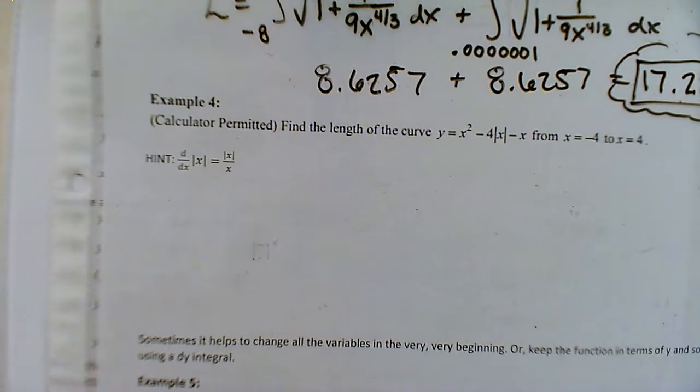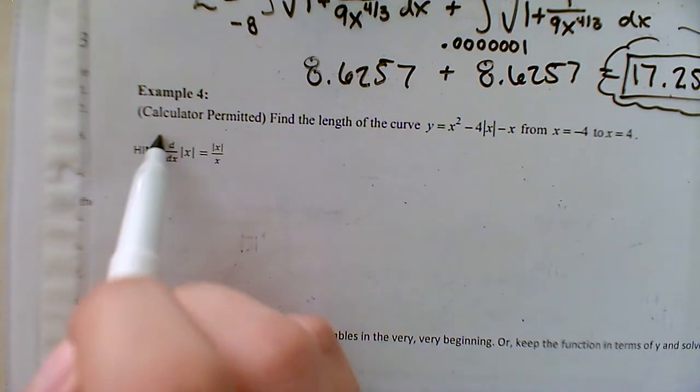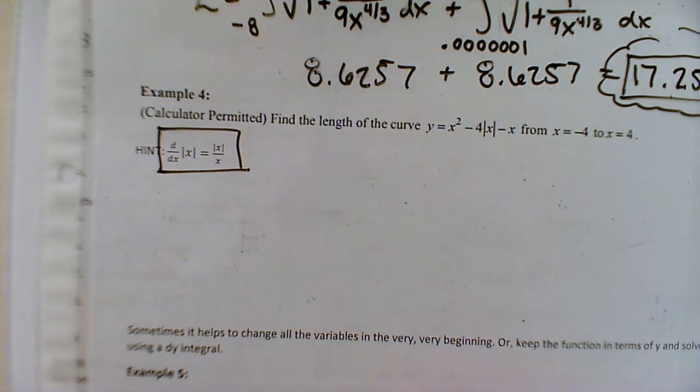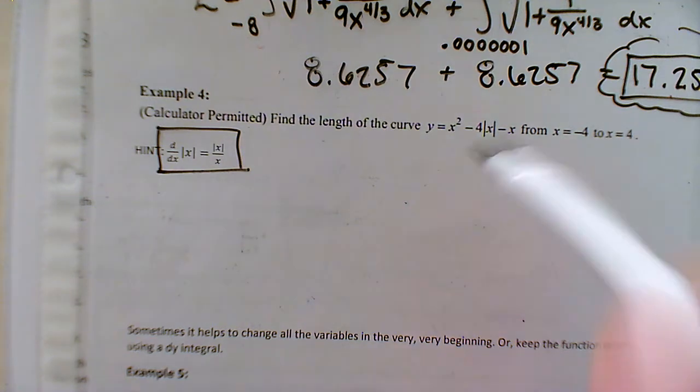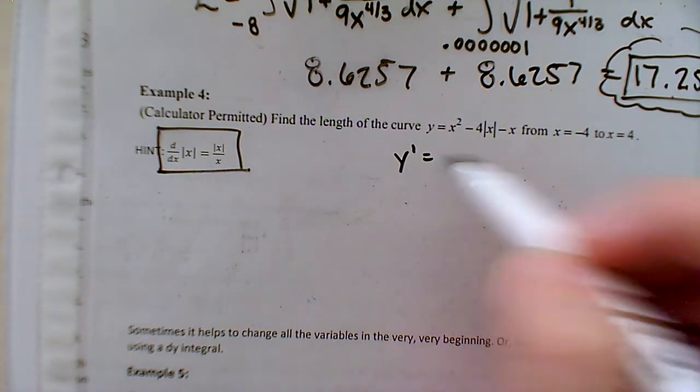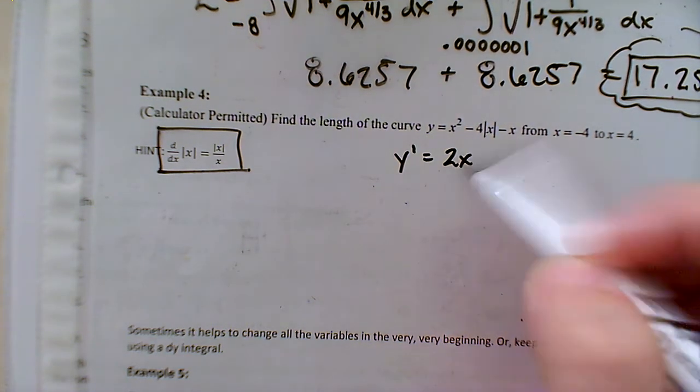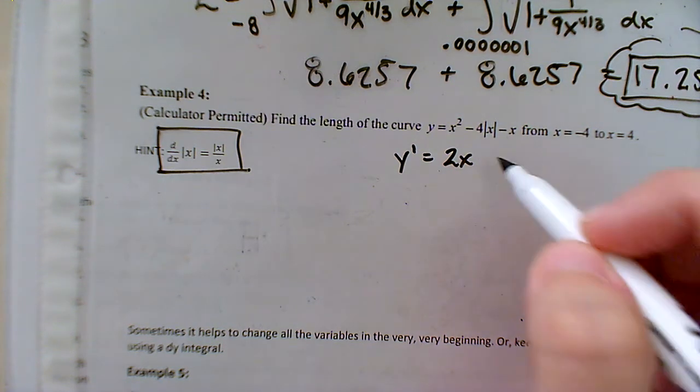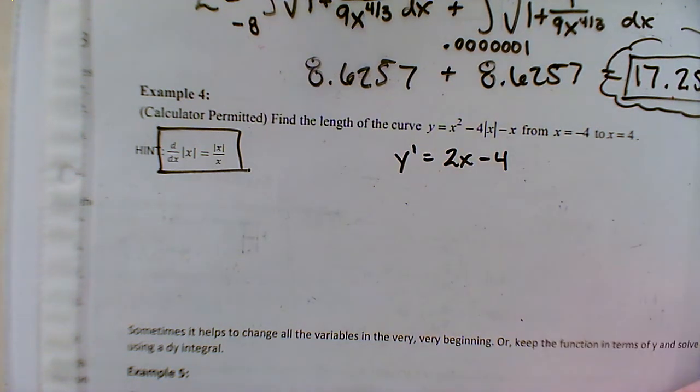This one's a little different because we have an absolute value in there. We did not cover derivatives of absolute values last year, but I do give you the derivative, or the slope, of an absolute value for us to use. So if we found the derivative, we'd have 2x, and then you keep the coefficient of -4.